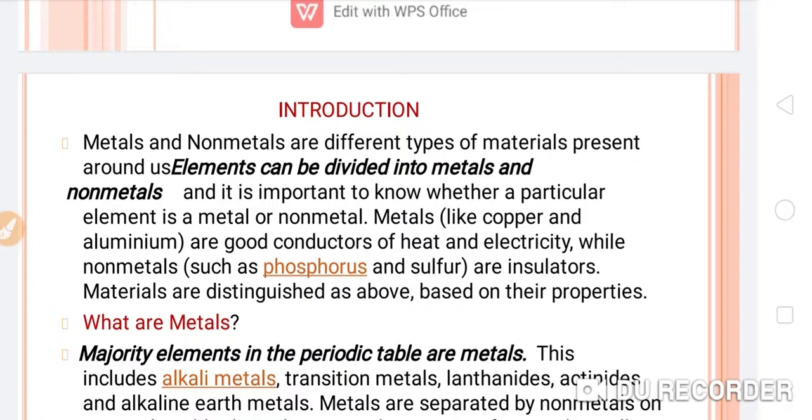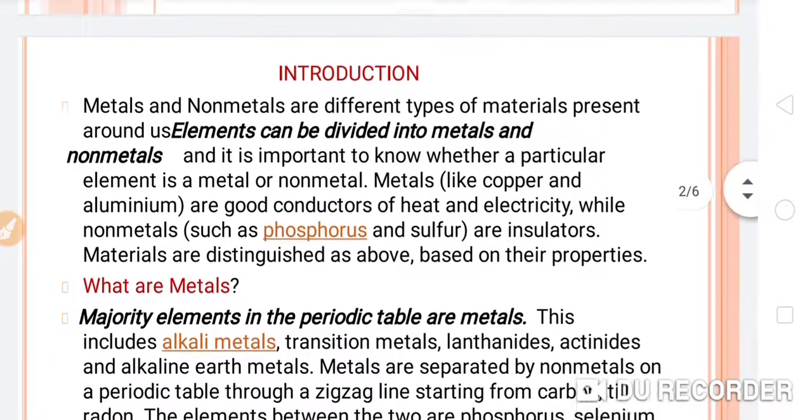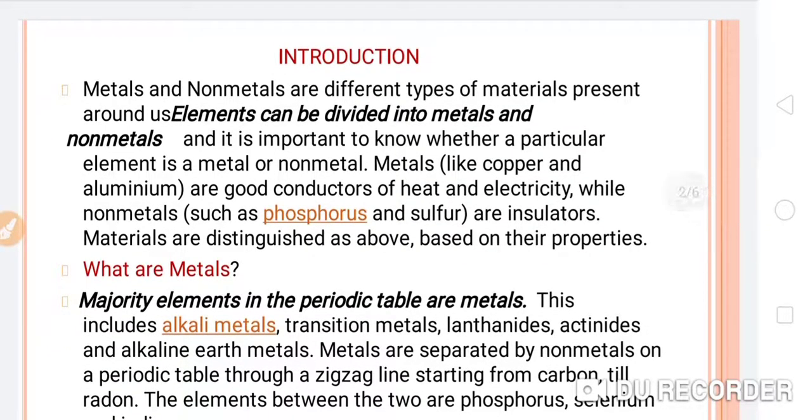Metals like copper and aluminium are good conductors of heat and electricity, while non-metals such as phosphorus and sulfur are insulators. Materials are distinguished as above based on their properties.